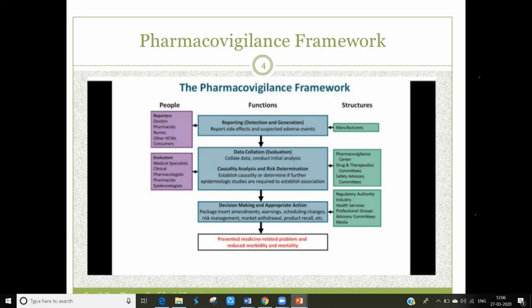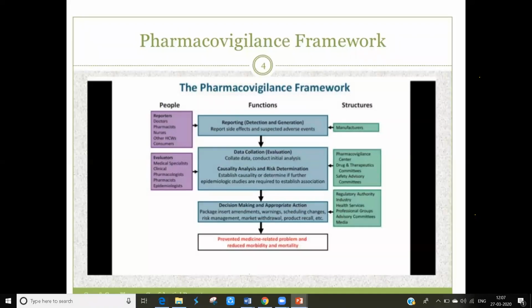The people involved in this function are anyone: doctors, pharmacists, nurses, or any other healthcare workers, that is HCWs, or also consumers. The patient itself can complain.